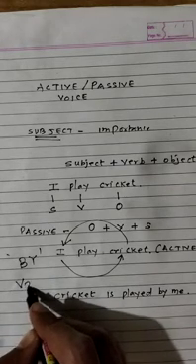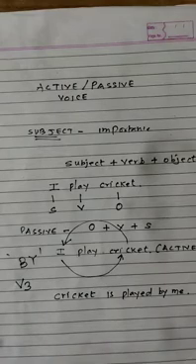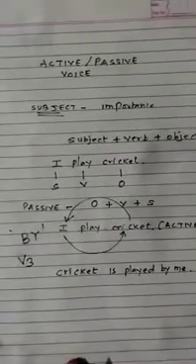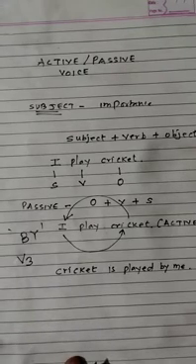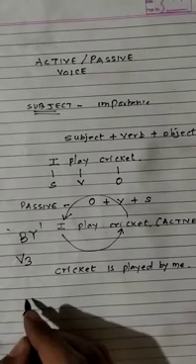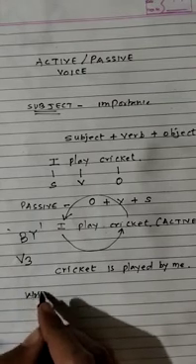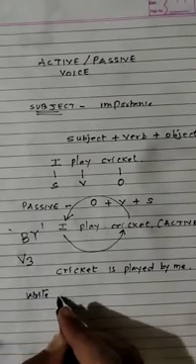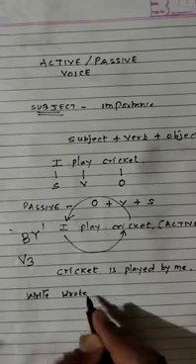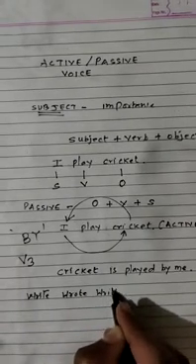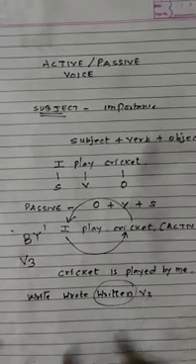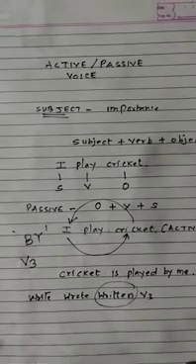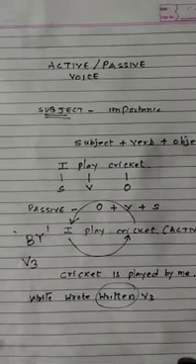In general we can say V3, past participle of the verb, like write, wrote, written. So this third form of verb is always used in passive voice.